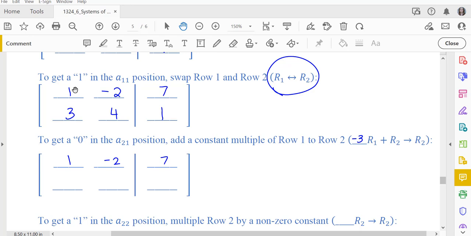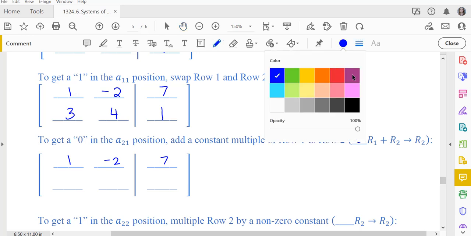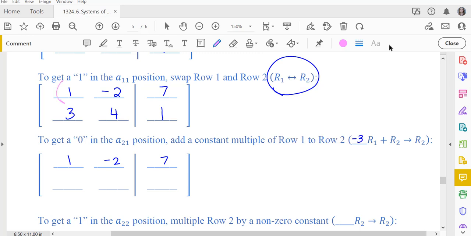But I am going to take, and I'm going to do that with a different color, this row 1 and multiply it by -3. So what is that? -3, 6, -21.